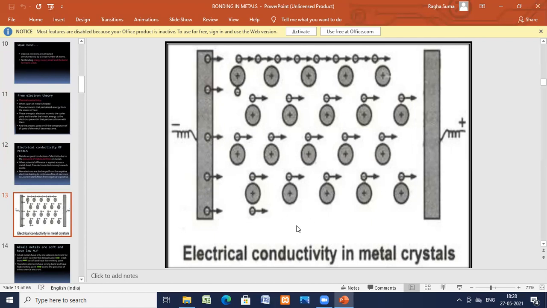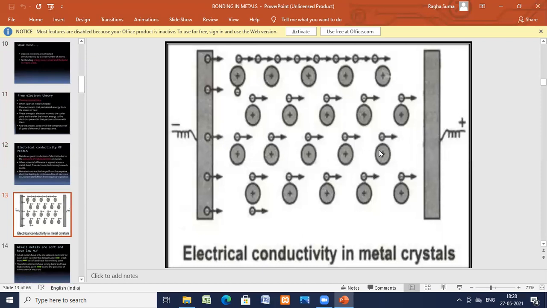The electrons are moving. And these two are the electrodes. This electrode is connected to one terminal and this electrode is connected to the other terminal, anode and cathode.